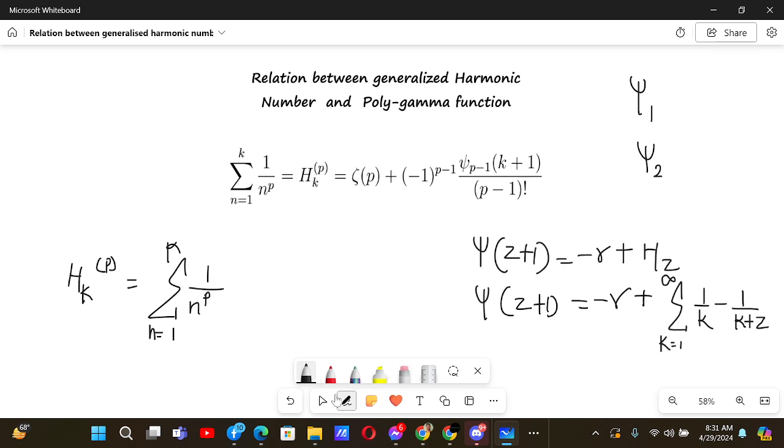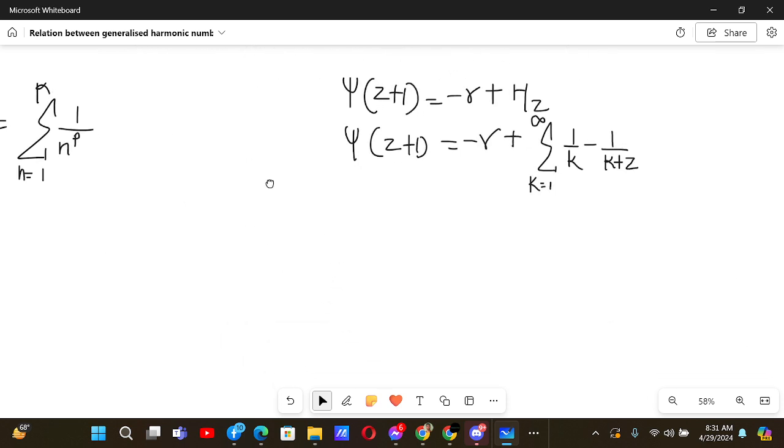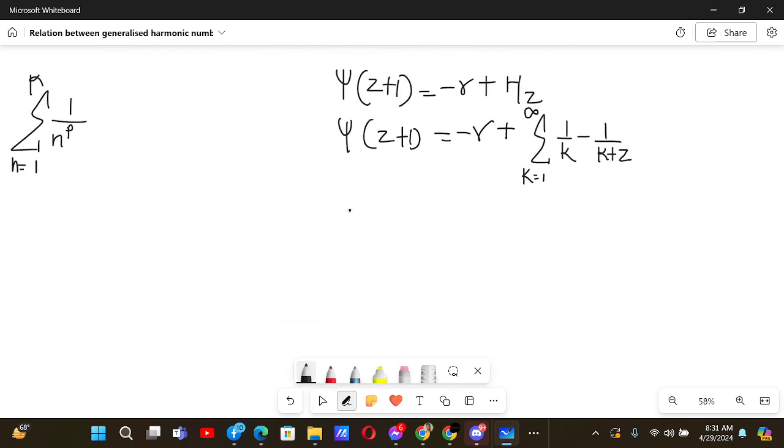Now let's try to find the p minus 1th derivative of the digamma function, and let's see how we can relate the expression that we get with the generalized harmonic number. If we take the first derivative of this expression with respect to g, since the constant is just a constant, it goes to 0.